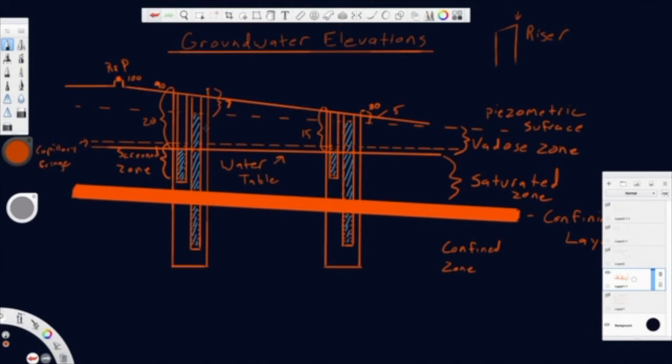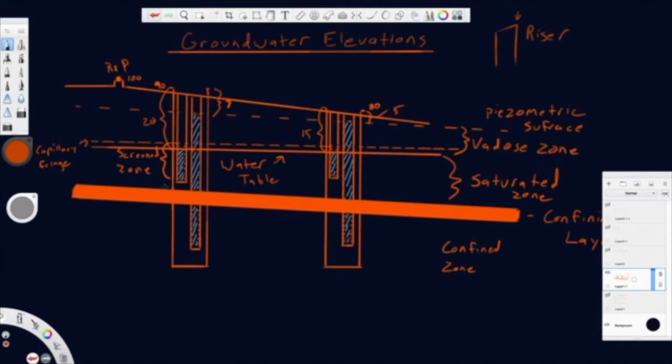Below the vadose zone, you have your saturated zone. Your saturated zone is your fully saturated void spaces, beginning when you have the water table at atmospheric pressure, and typically what you want to do is have a screen zone that intercepts the water table here.